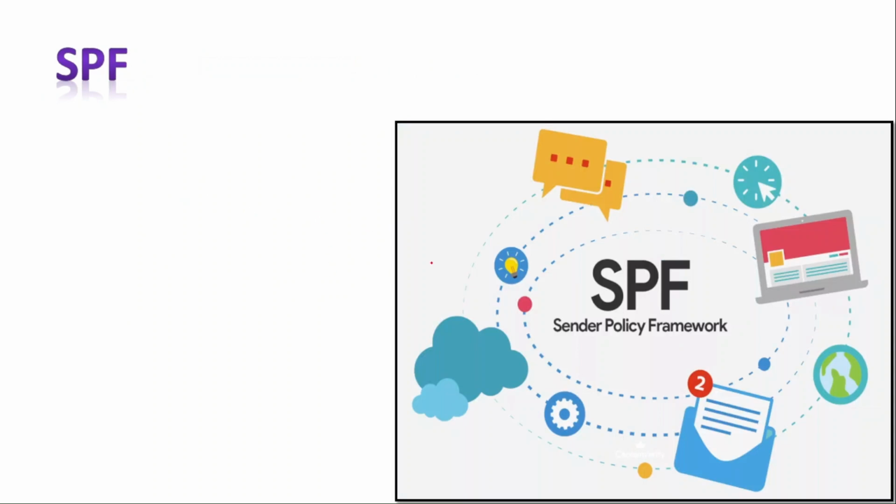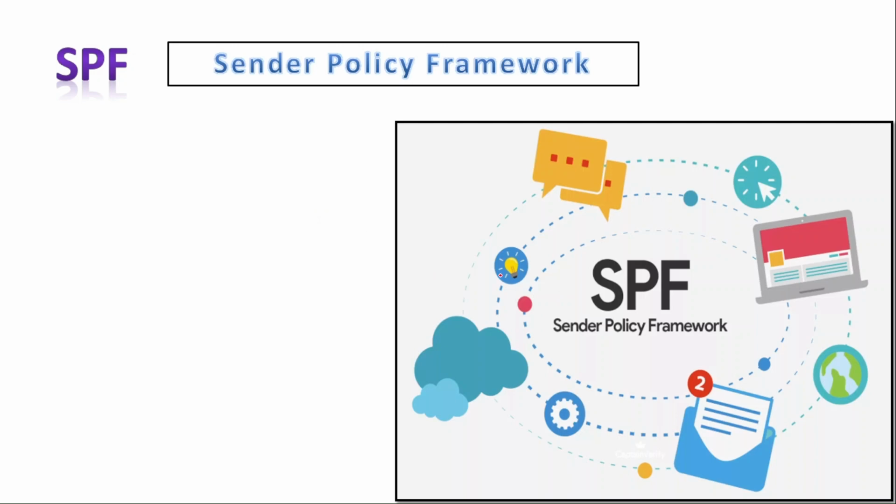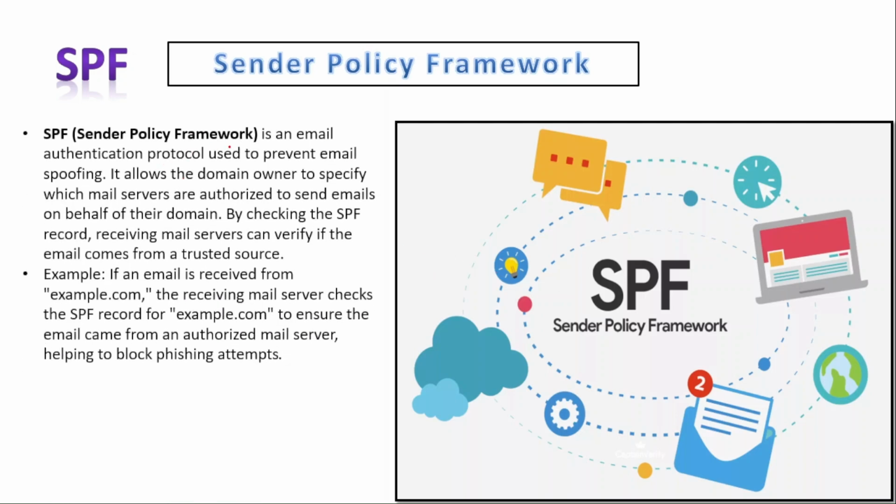SPF, that is Sender Policy Framework. So SPF or Sender Policy Framework is an email authentication protocol used to prevent email spoofing. It allows the domain owner to specify which mail servers are authorized to send emails on behalf of their domain.